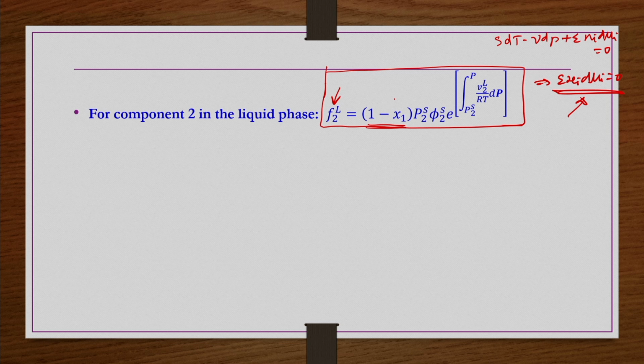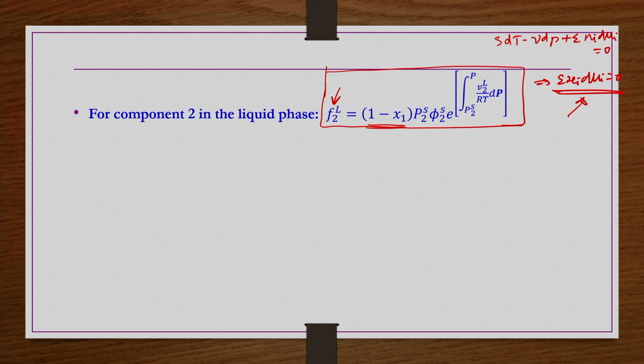So, following the relation sigma xi d mu i is equal to 0, if you make use of the F1L information and then obtain F2L, we will have this expression: F2L is equal to 1 minus x1 P2S Phi2S exponential of integral V2L by RT dP, right.